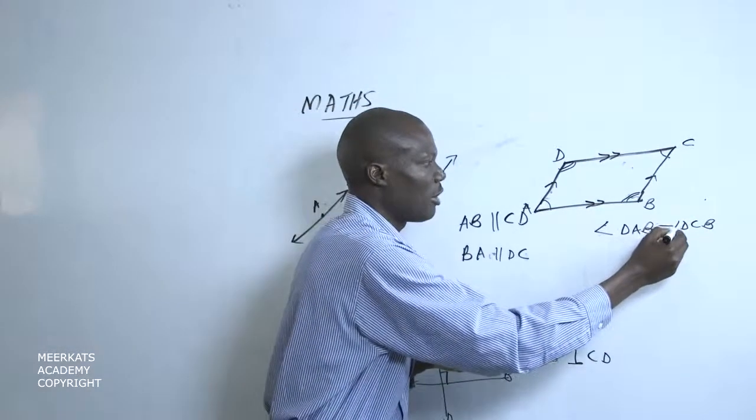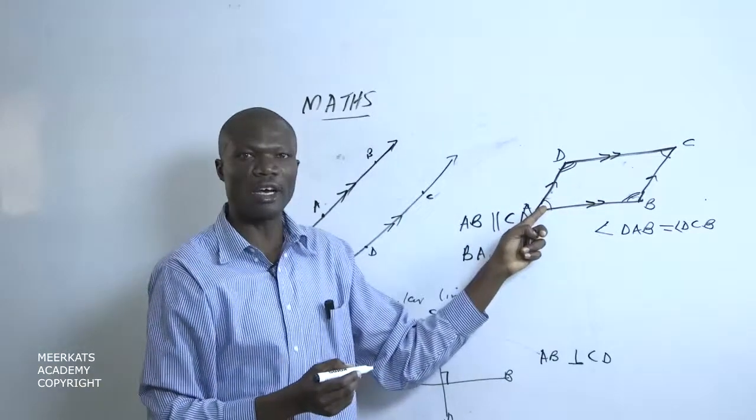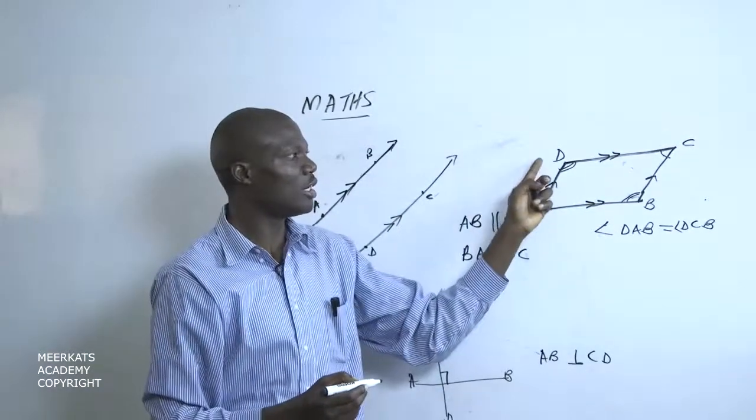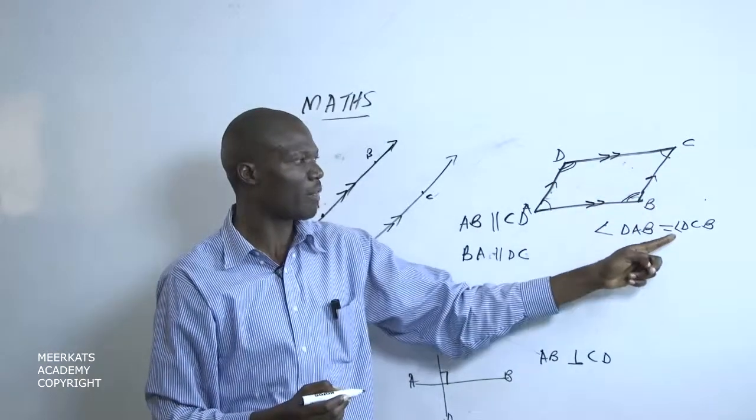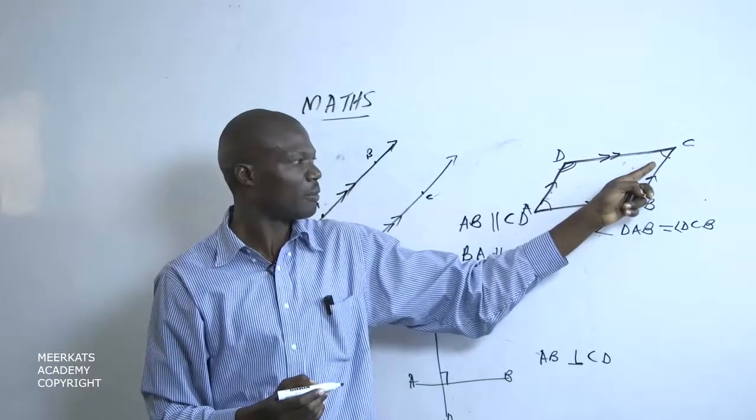So the angle DAB, that is this angle here, is equal to DCB. DCB is that angle again.